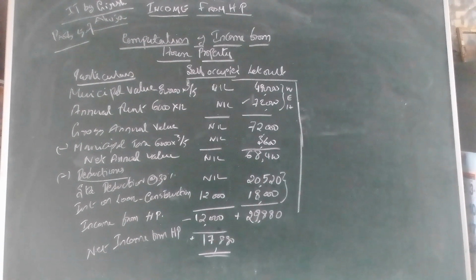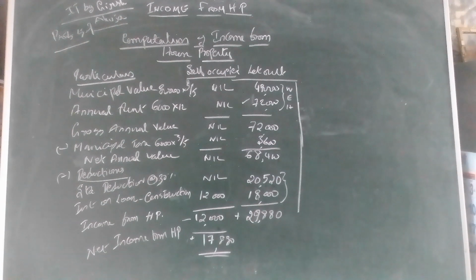Then net annual value we got. On that 30% we should calculate for standard deduction. Interest on loan, please look at that problem. For interest on loan, we are given 2 points. One is construction of the house, 30,000. Another one is purchase of car.